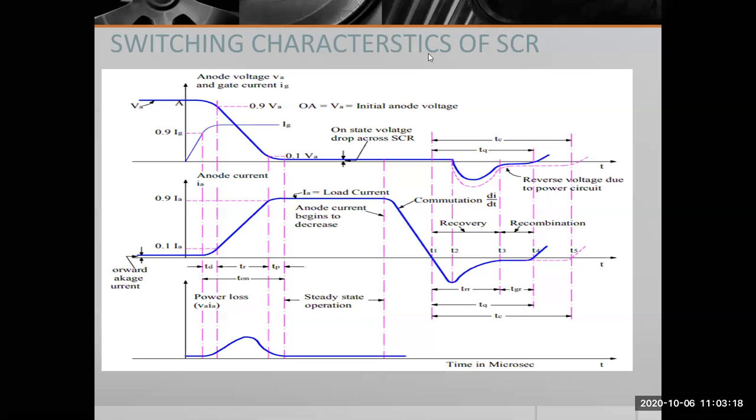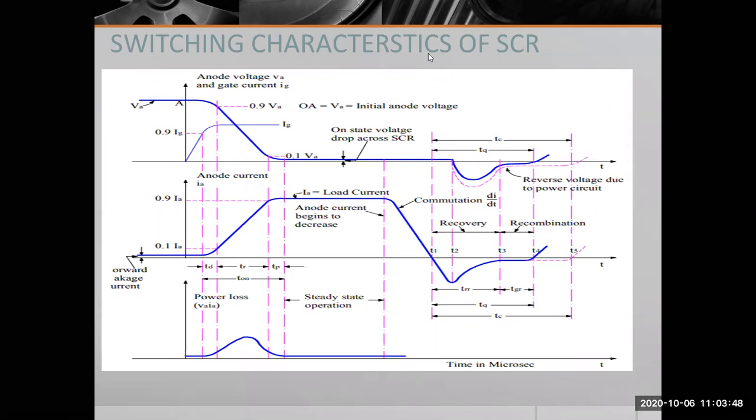During this gate recovery time, the excess charge carriers present in the inner layer of the junction J2 are completely removed. That is the thing you should remember. And TQ is nothing but TRR plus TGR.